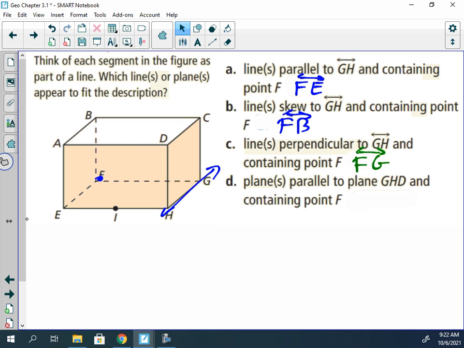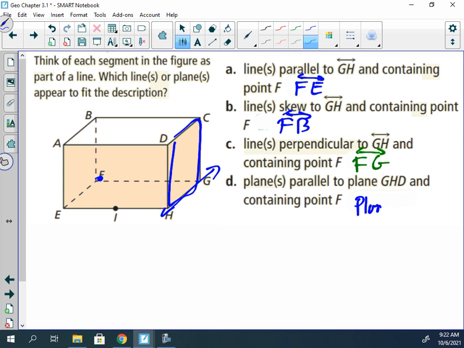Planes parallel to plane GHD. So GHD, and we want point, so plane BAE.